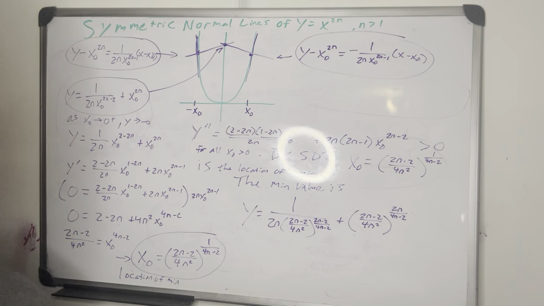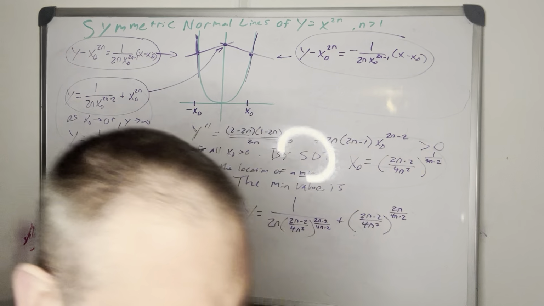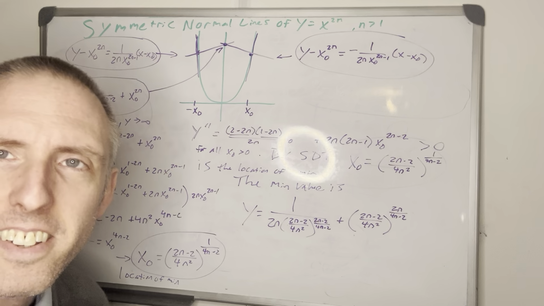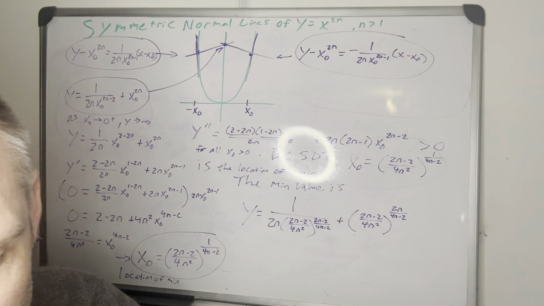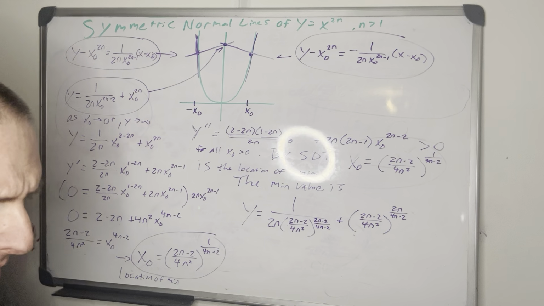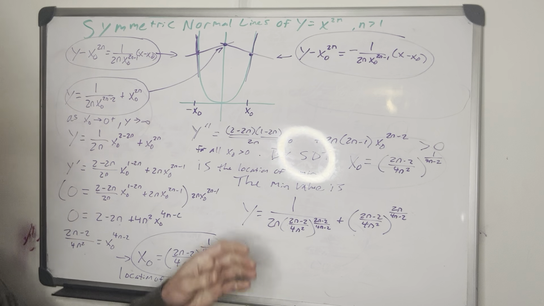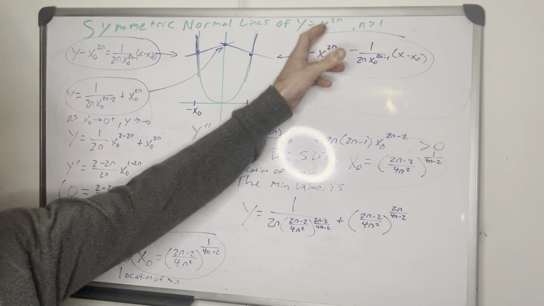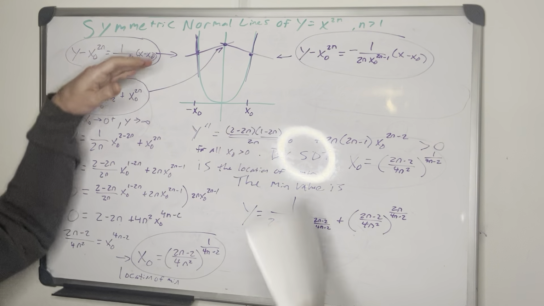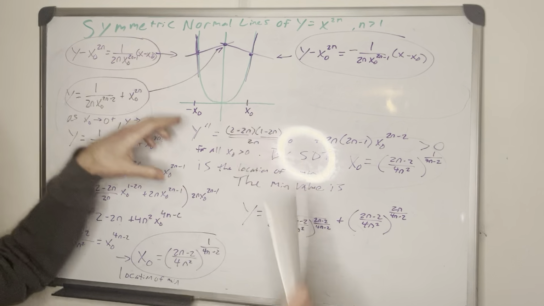This is like the third, fourth attempt at doing this lesson again, or this continuation of what I started a long time ago. So in the first video, I presented the case when n is 1, when you have this curve, y equals x squared. You look at the symmetric normal lines.